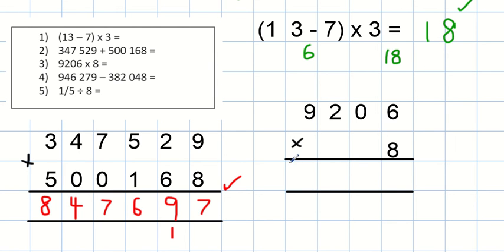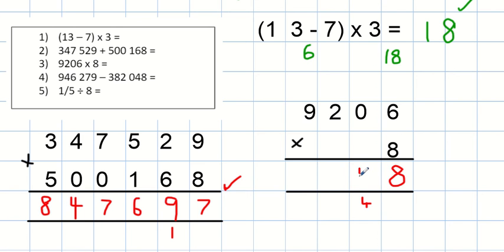Okay, question number 3 then this morning. 9,206 multiplied by 8. So again, I've set up our formal multiplication method over here. And I'm going to start in the ones with 6 times 8, which is 48. 0 times 8 is 0.